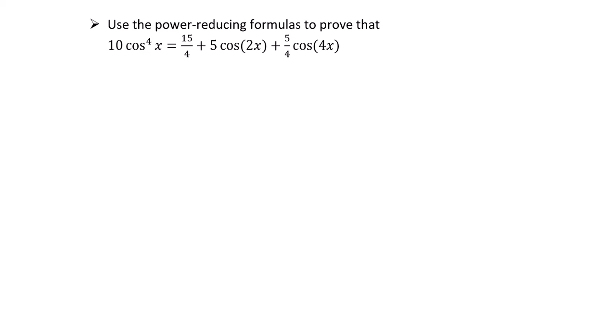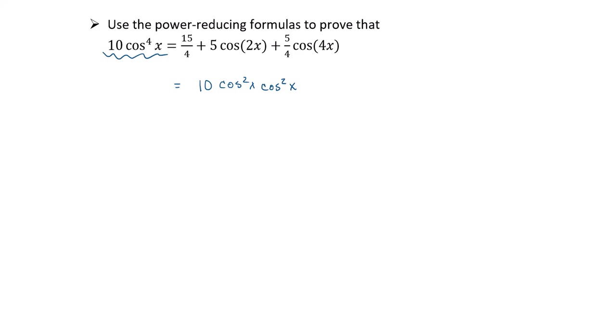Let's use the power reducing formulas to prove that 10 times cosine to the fourth x equals 15/4 plus 5 cosine of 2x plus 5/4 cosine of 4x. So let's go ahead and start. I know that I have 10 times cosine squared x times cosine squared x.